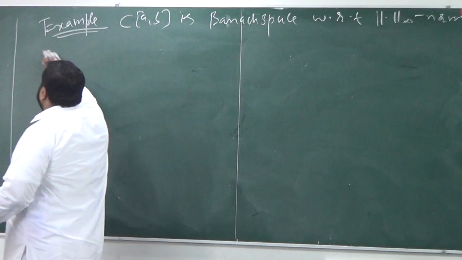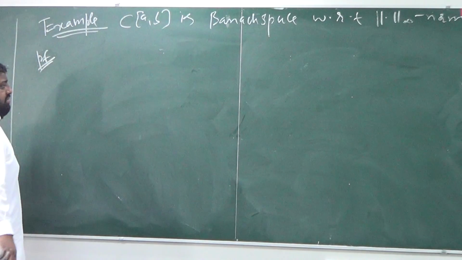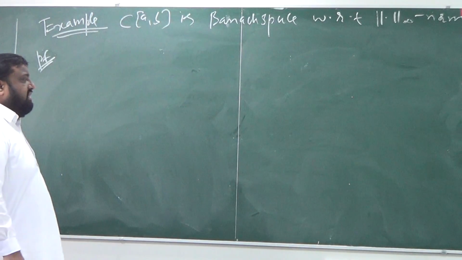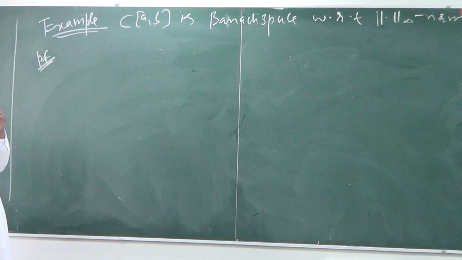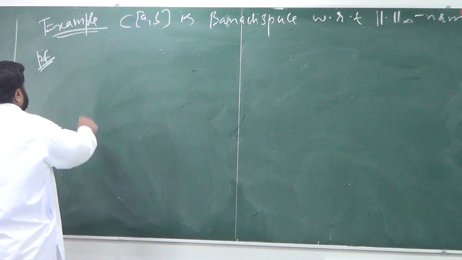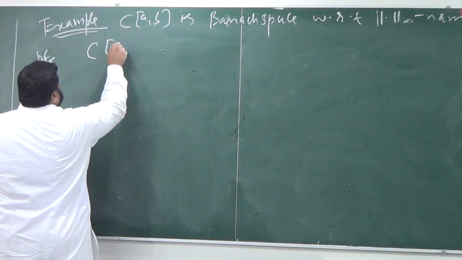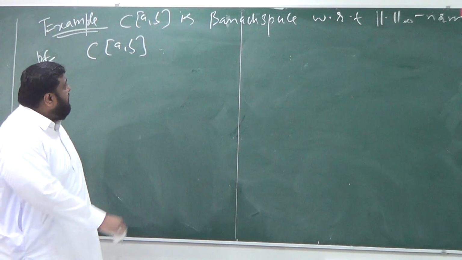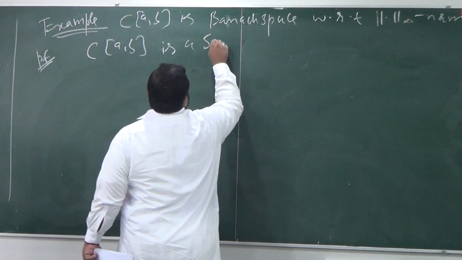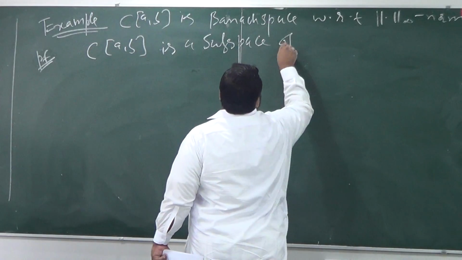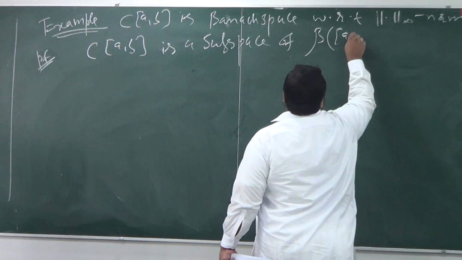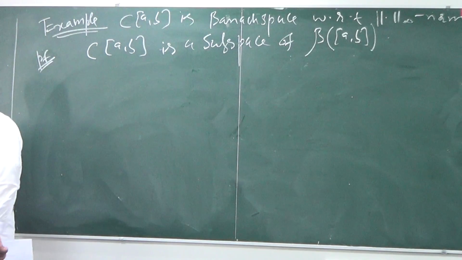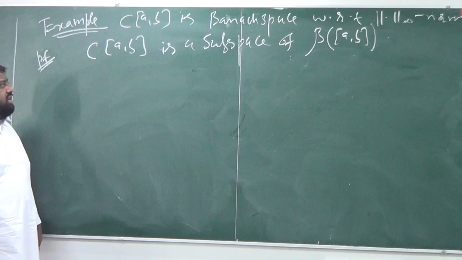The strategy to prove this is going to be the following. I'm not going to take an arbitrary Cauchy sequence in it and show that it converges. But I'm going to take another path. We know that C[a,b] is a subspace of calligraphic B[a,b], the space of all bounded functions on [a,b].